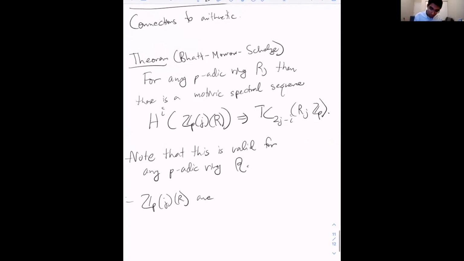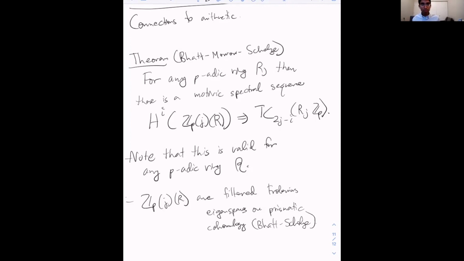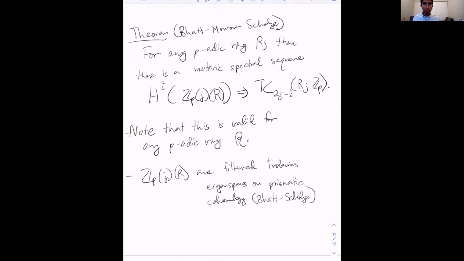So these are a filtered Frobenius eigenspace on prismatic cohomology, defined by Bhatt and Scholze. So it is something that you can define purely algebraically, using new p-adic cohomology theories.